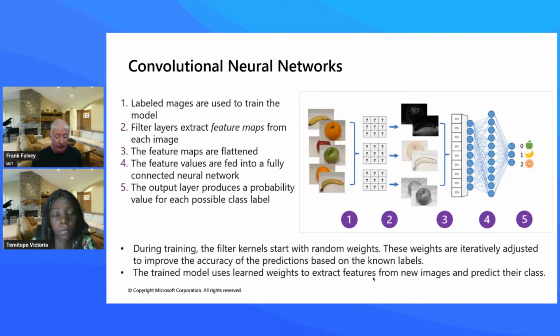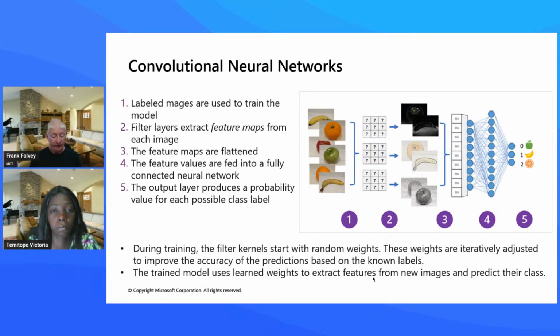One of the most common machine learning model architectures for computer vision is the convolutional neural network, and they use CNN or CNNs for short.